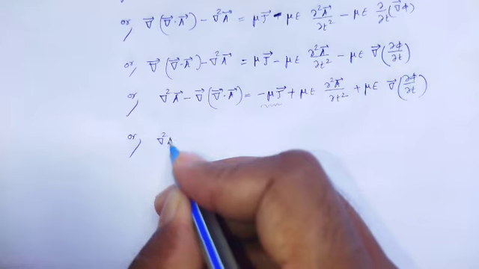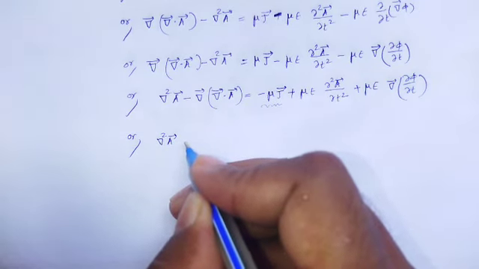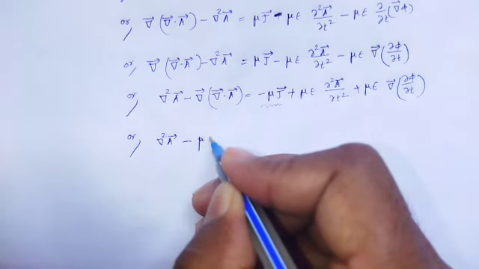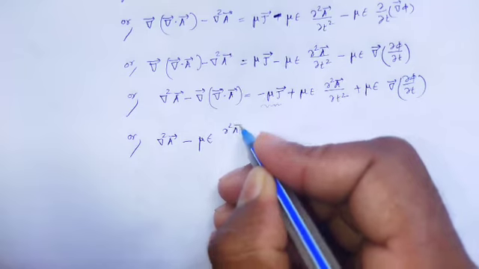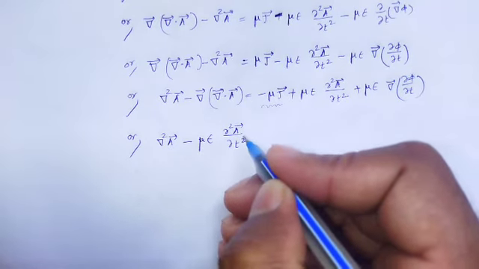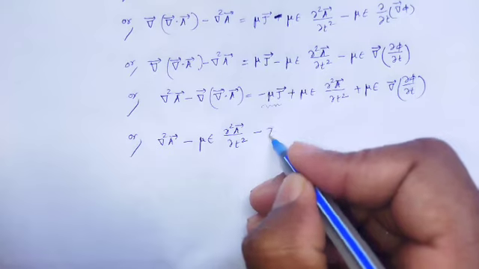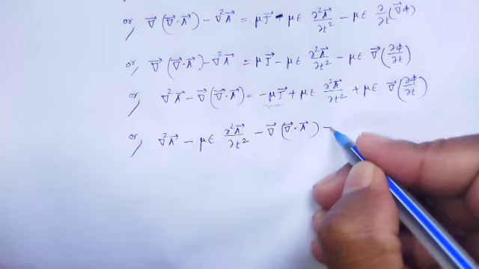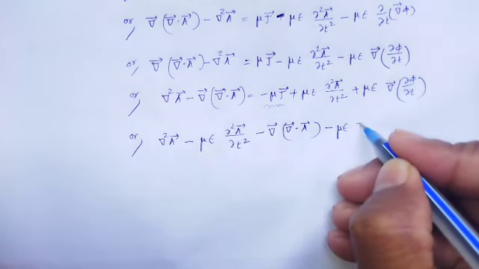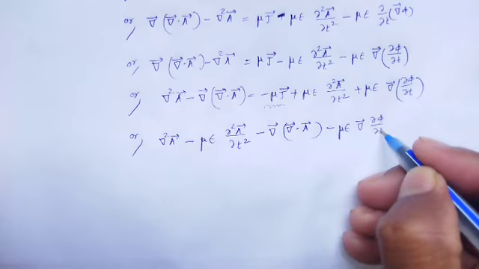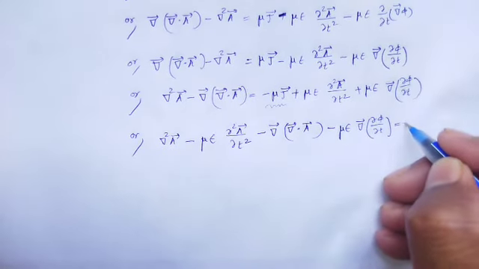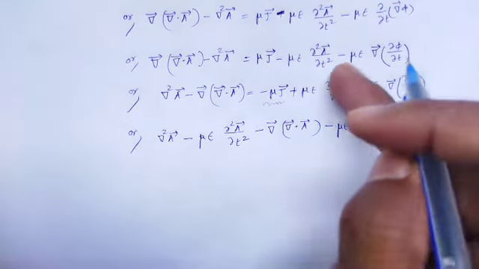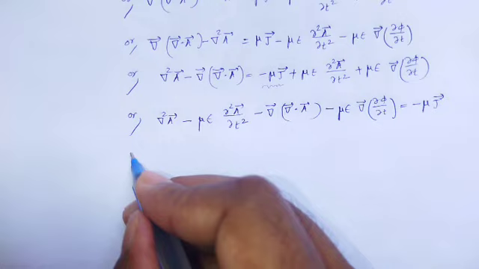We have grad square A minus mu epsilon del square A by del t square minus grad grad dot A minus mu epsilon grad of del phi by del t is equal to minus mu J. Only that term on the right hand side, all the terms to the left hand side.